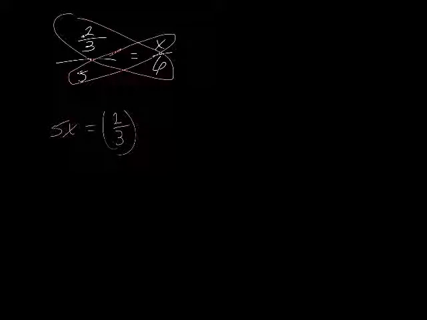Now, we even get into some that are fractions here in our proportions. Example 6, we have 2/3 over 5 equals x over 6. So we're going to multiply these two, equals, and then we're going to multiply these two. 2/3 times 6, or 6 over 1, and then you can multiply your fractions.